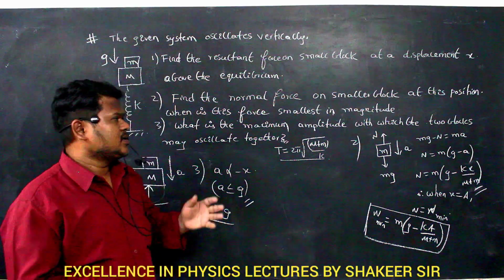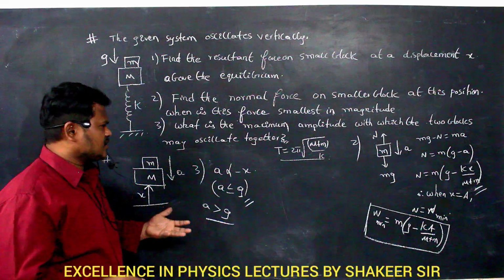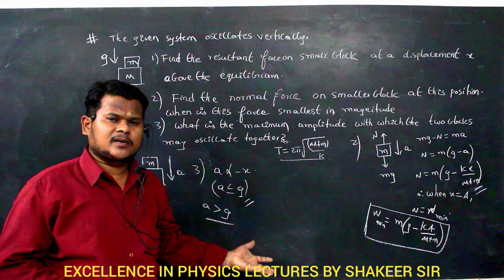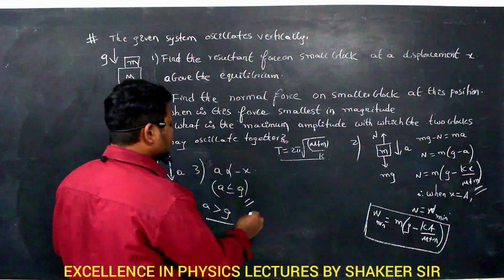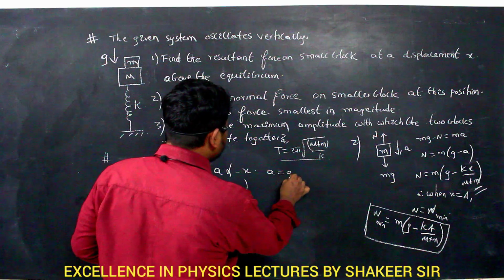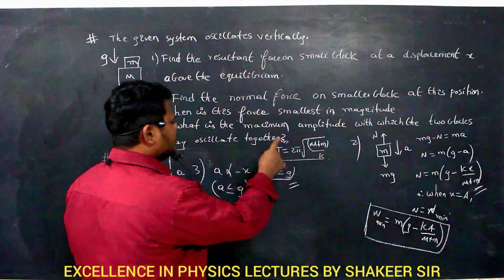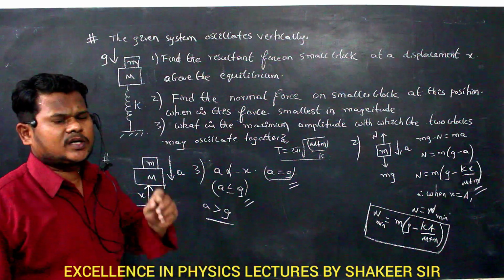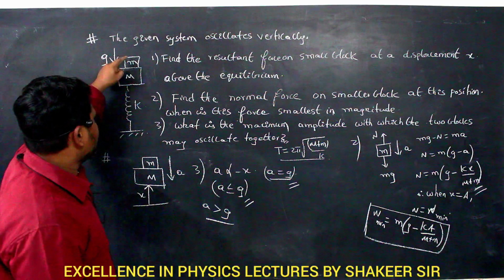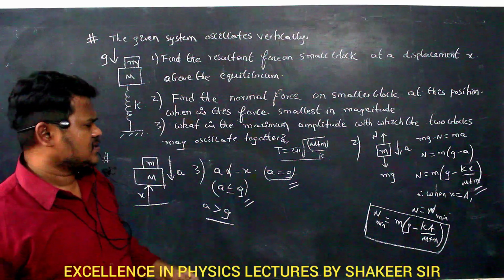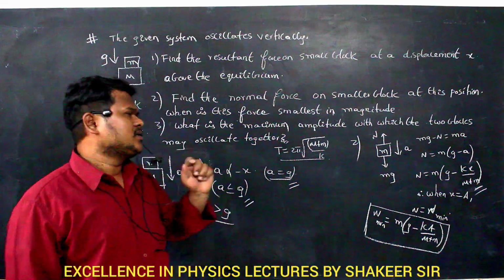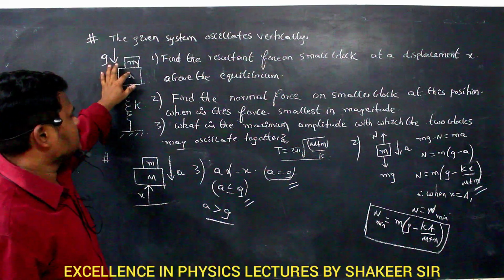Are you able to understand? So then what is the maximum acceleration with which these bodies can come down? The maximum acceleration with which these bodies can come down is a equal to g. Only with this acceleration should both the bodies come down. Clear? When both of them are coming down with an acceleration of a equal to g, what about the normal reaction between these two bodies?